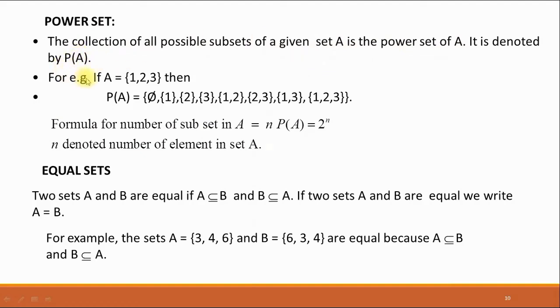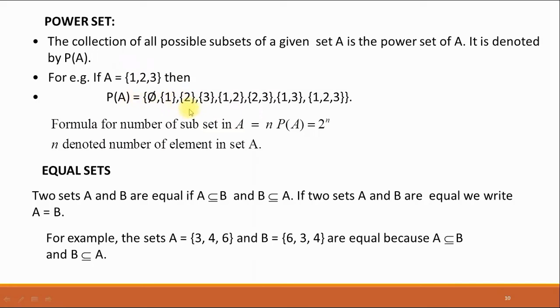For example, if A is equal to {1, 2, 3}, then we can find the power set of A. Write each single element in a set: {1}, {2}, {3}, then write {1, 2}, {2, 3}, and {1, 3}, and the set itself. So there are 8 subsets for this power set.